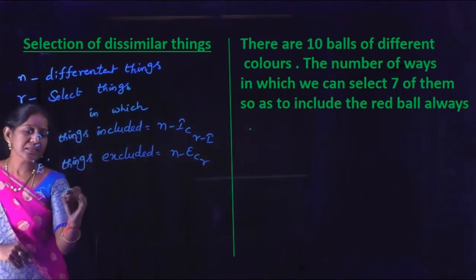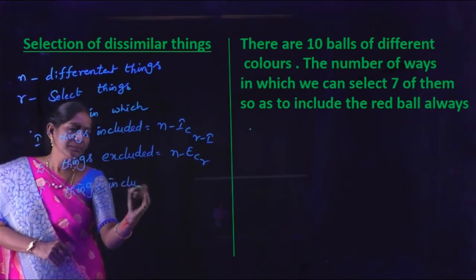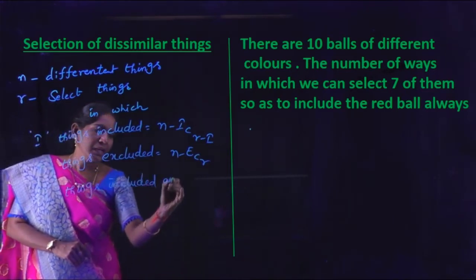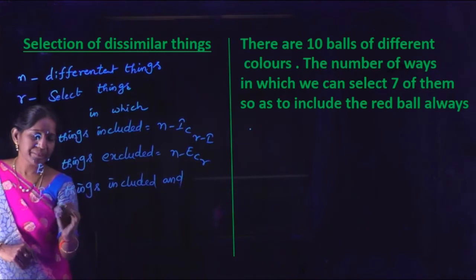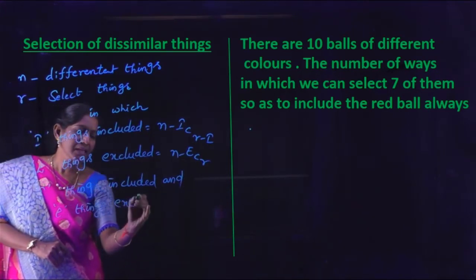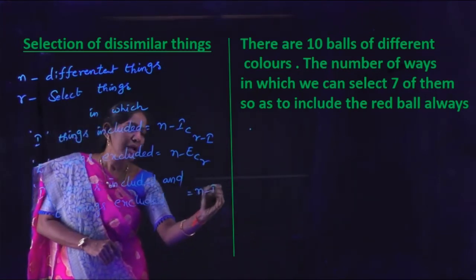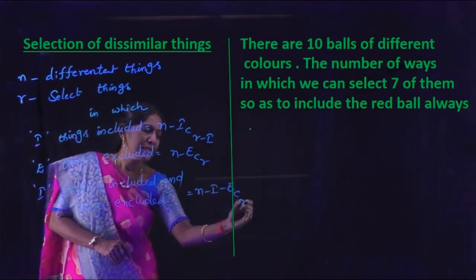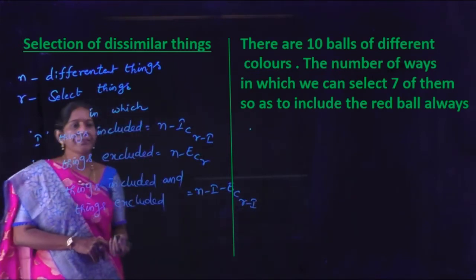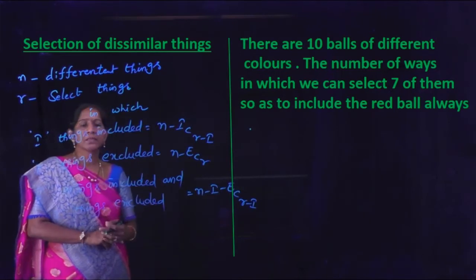I things included and e things excluded, that is (n minus i minus e)C(r minus i). So upon this formula we can do the problems.